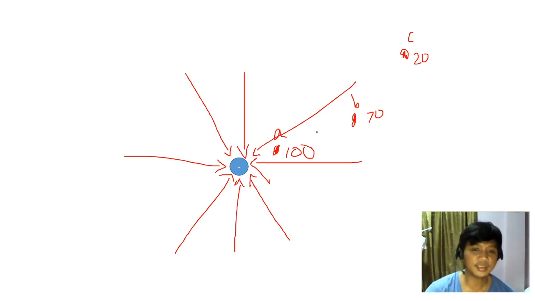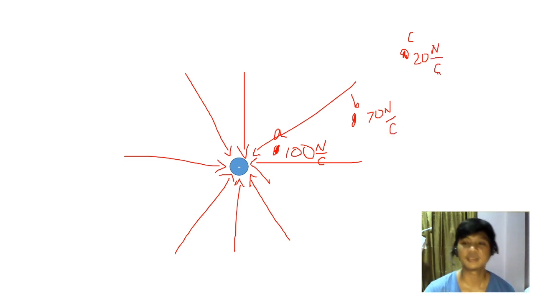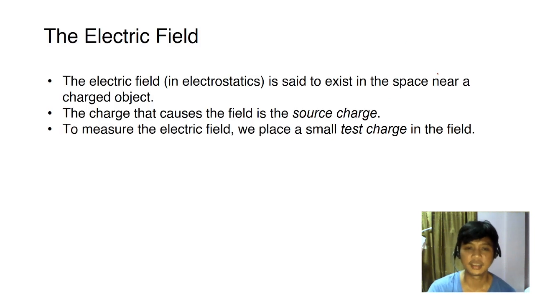And it turns out that for electric field, we do have that number called electric field strength, and we actually even have units for that, newtons per coulomb. These are electric field strengths. So newtons per coulomb is the unit for electric field strength. We will learn more about that later.